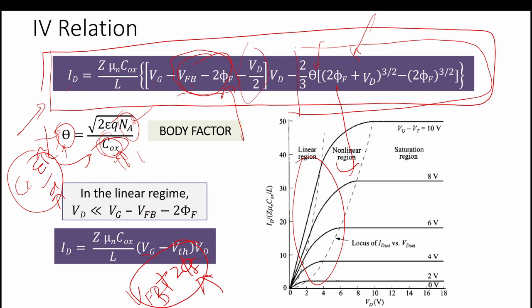So V_D by 2 is very small as compared to V_G minus V_th, that is the gate overdrive.